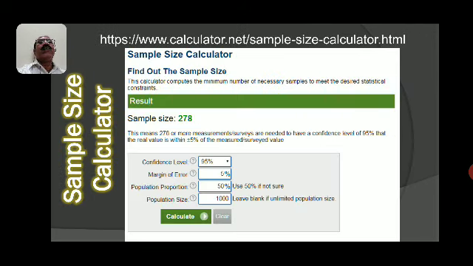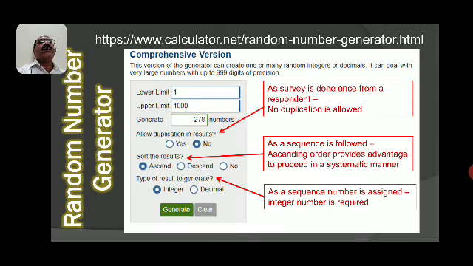It is 278 from here, sample size 278, so 278 numbers. Then, allow duplication of the results? No, as the survey is done once from a respondent, you cannot visit the same respondent again, so we will opt for no duplicates.